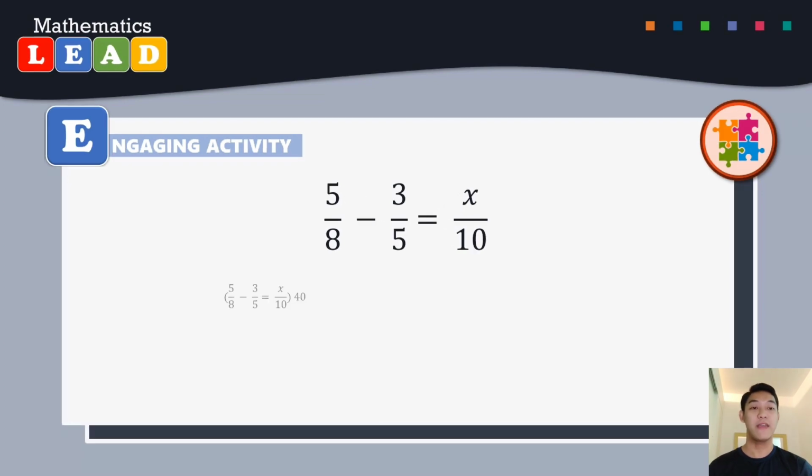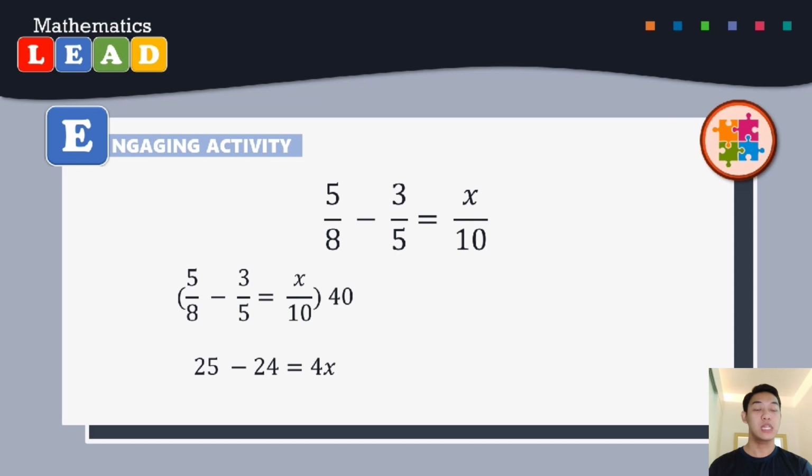Let us multiply every fraction by 40. So what's 5 over 8 times 40? You can do 5 times 40, which is 200, and then divide 200 by 8. Or you can do 40 divided by 8, which is 5, times the 5 on top. And that's going to be 25.